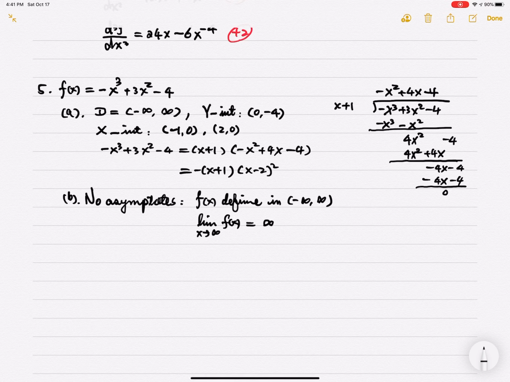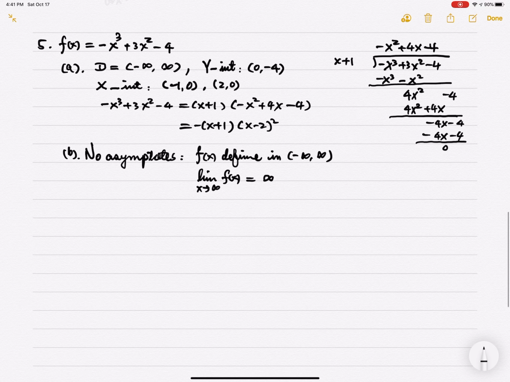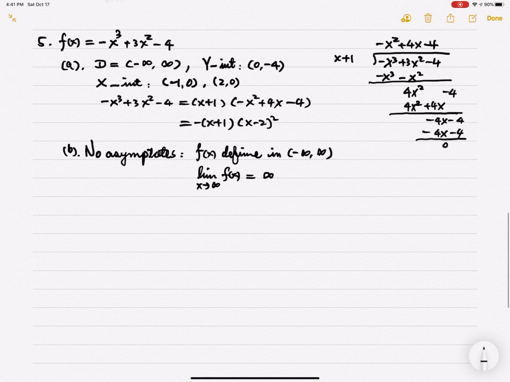When x goes to negative infinity, the function goes to positive infinity. Sometimes we don't put positive or negative, that means we just say infinity. So a polynomial doesn't have a slant asymptote. That's the reason the function doesn't have vertical, horizontal, or slant asymptote.